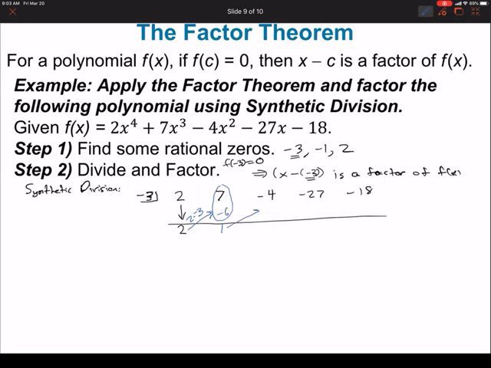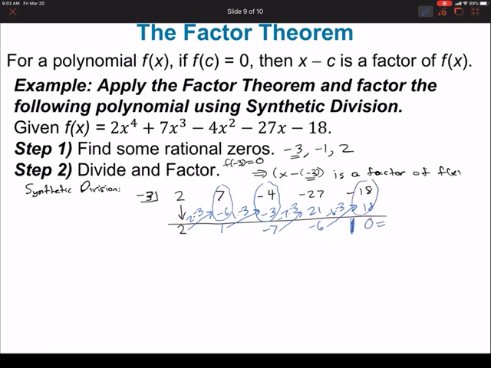Then 1 times -3 is -3, and -4 plus -3 is -7. Next, -7 times -3 is positive 21, and -27 plus 21 is -6. And then the last column is where our remainder is, which we knew was going to be 0.